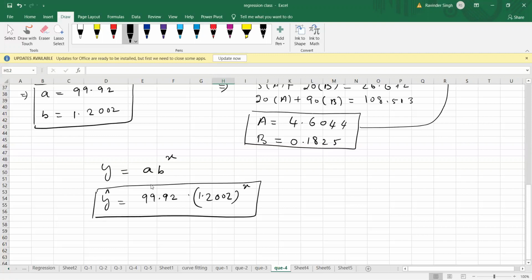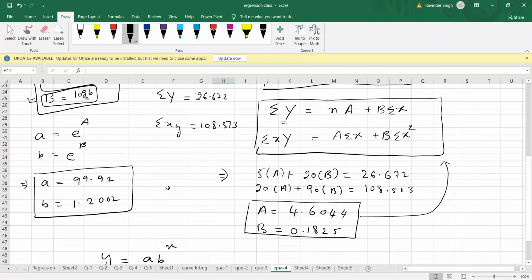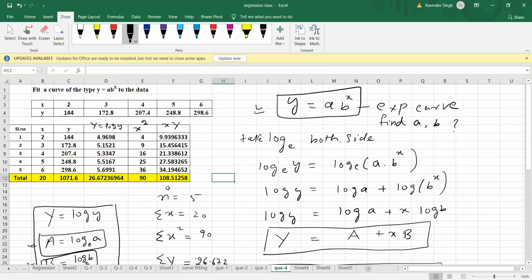I will put y hat because this is a fitted curve. This is the best fit curve. So if any doubt in this process, please let me know.